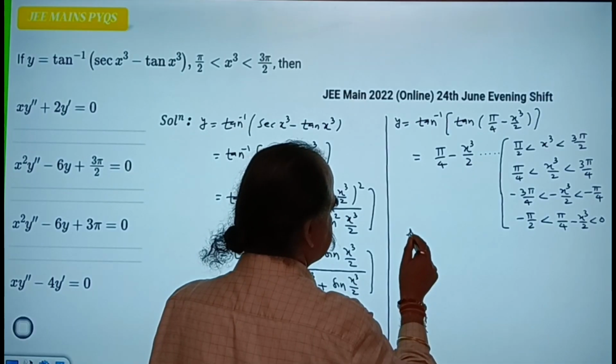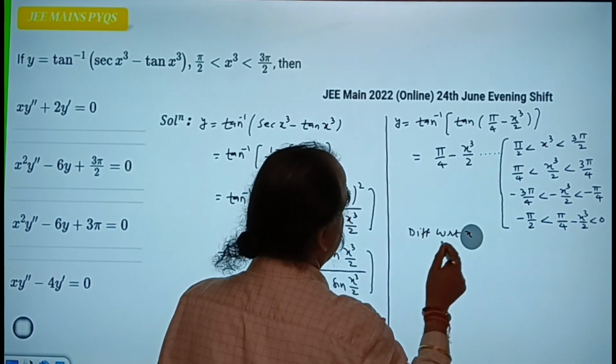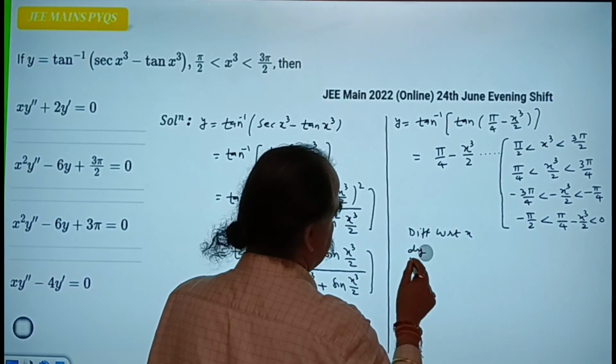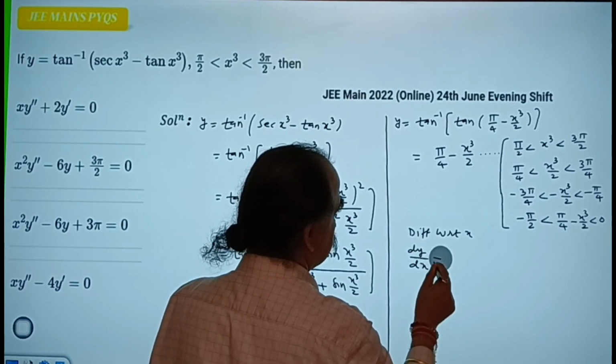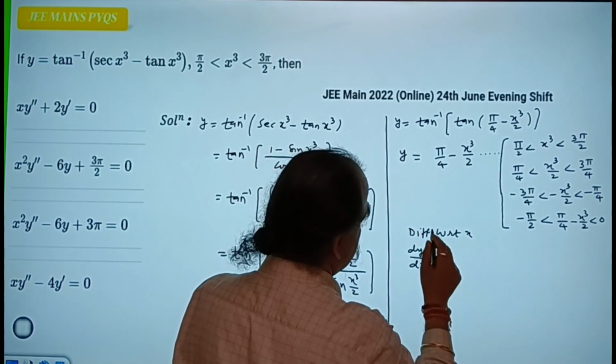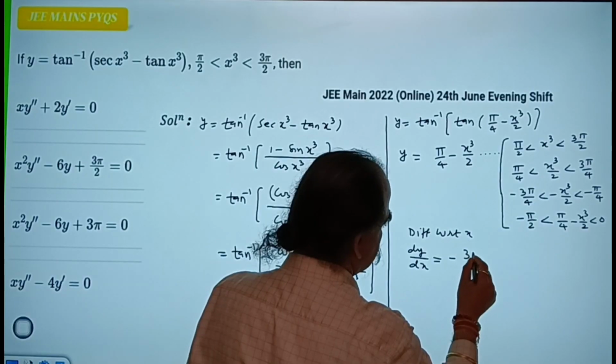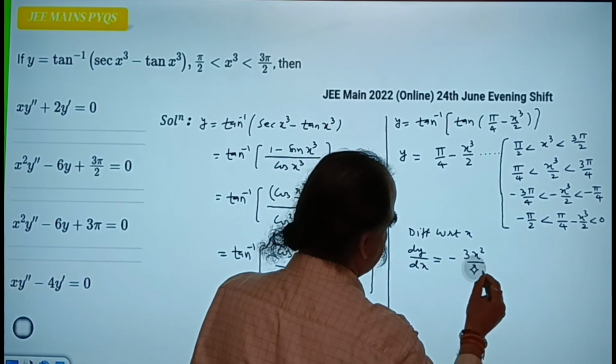So differentiating with respect to x, dy by dx is what? Minus 3x square by 2.